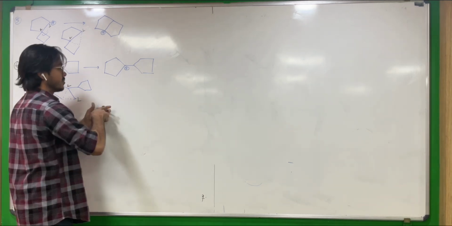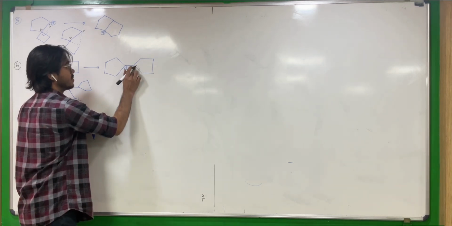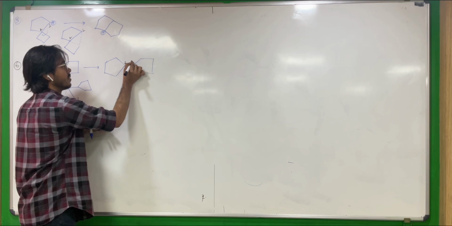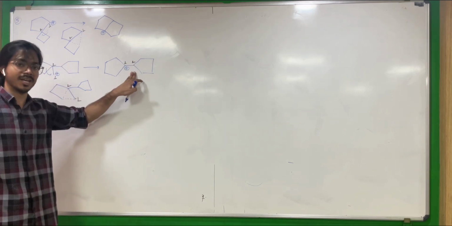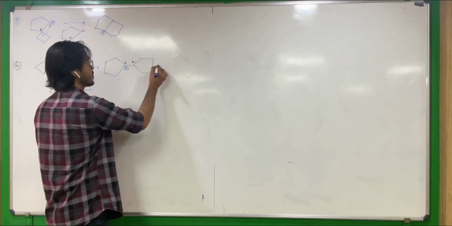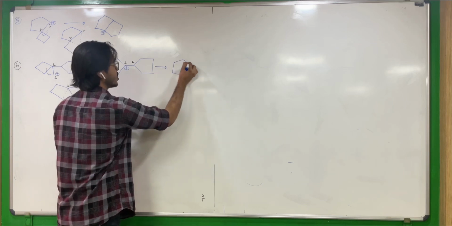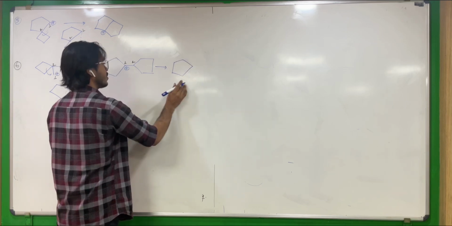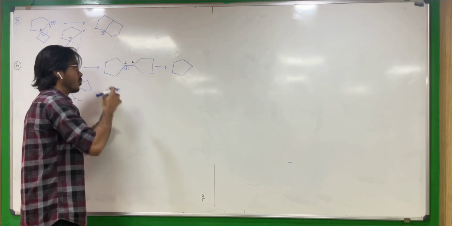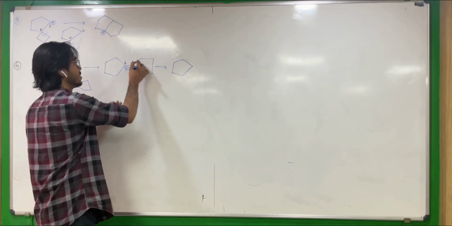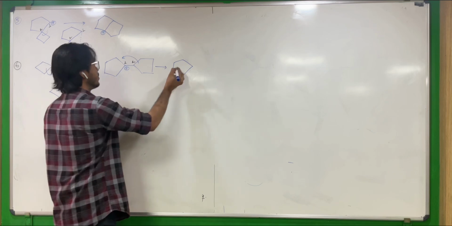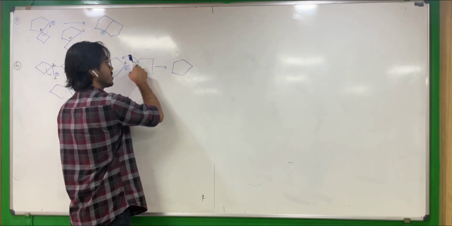Again, in this case, if you see, this becomes the first carbon, and this will become the second carbon. So again ring expansion will take place. On expansion, the product will be this. This 5-membered ring will convert into a 6-membered ring. So one more 1,2 shift will take place. In this case, this bond will shift here, and it will shift here. The positive charge will come on the second carbon.